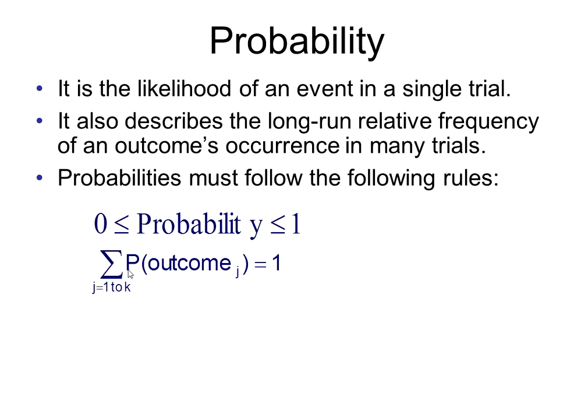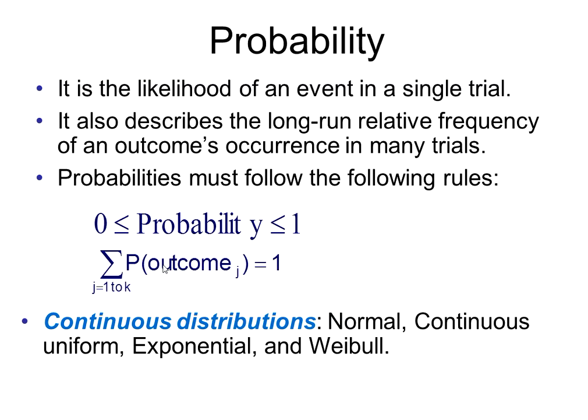So if you were to sum the probability of outcome 1 plus the probability of outcome 2 plus the probability of outcome 3, and so on, plus the probability of outcome K minus 1 plus the probability of outcome K, that would be equal to 1. So this is just a summation.